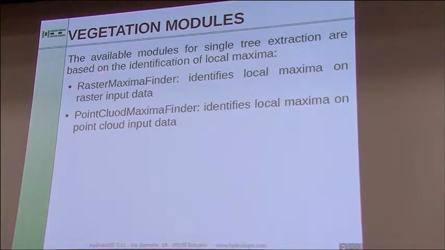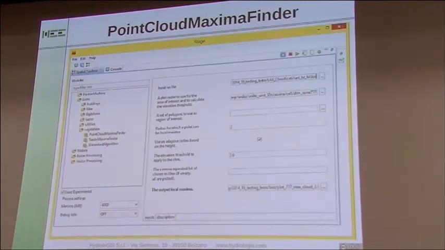Similar to the raster maxima, we have the point cloud maxima finder. It has another algorithm, but it is always based on the identification of the local maxima in the point cloud input data, and also requires some information about the threshold on the height and the radius of influence.